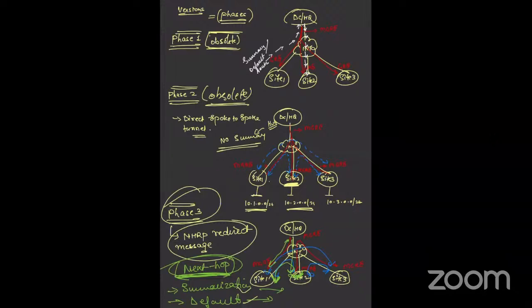But what is used in the industry? If I talk about the industry, a lot of times in my projects I have seen EIGRP as the most used protocol, because BGP will increase a little bit of load. To be really frank with you, BGP is only what you use when you are connecting with your provider.